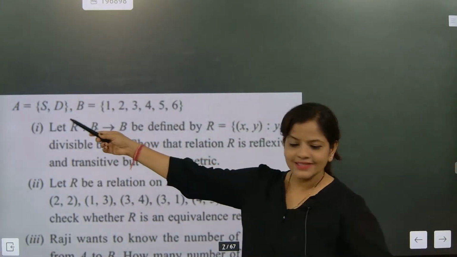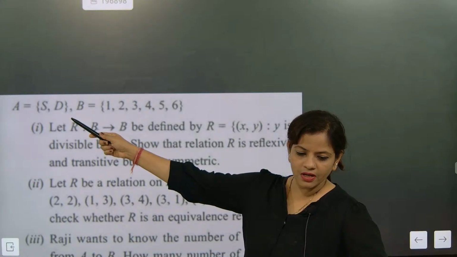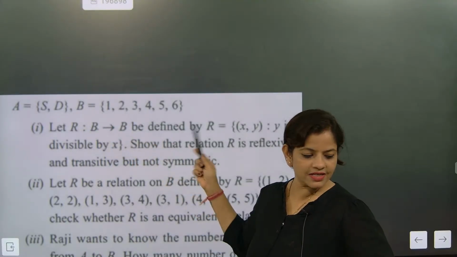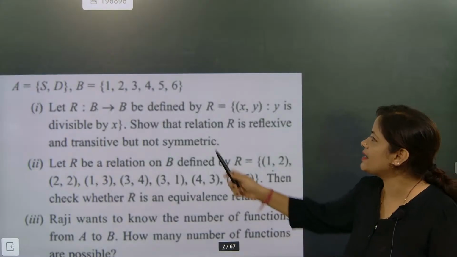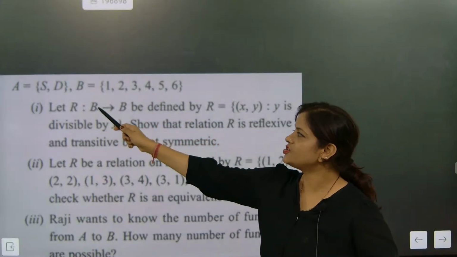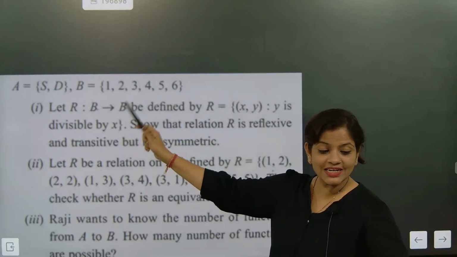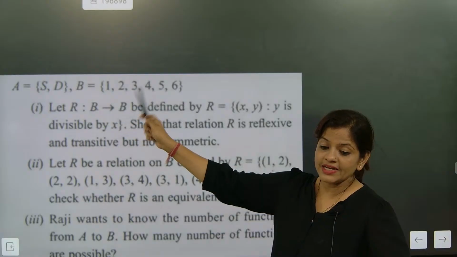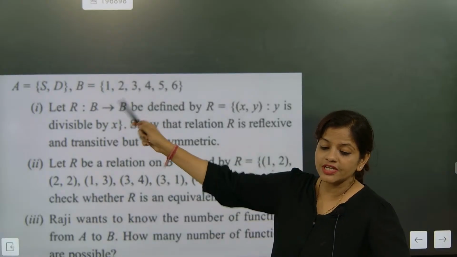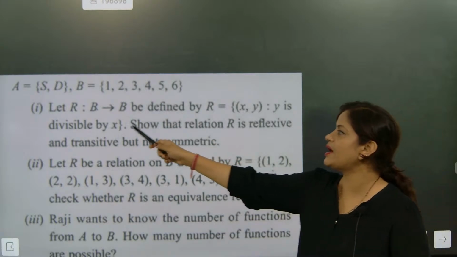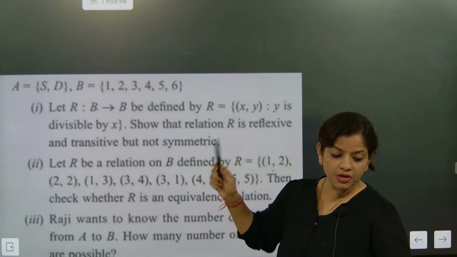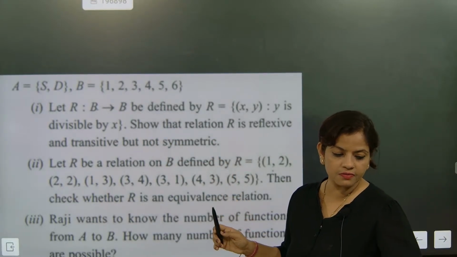See, S and D are two people, and these are the six outcomes. Now, what they are asking from you is that R from B to B, meaning here 1 to 6 to 1 to 6, be defined as Y is divisible by X. These are dice numbers, don't forget.